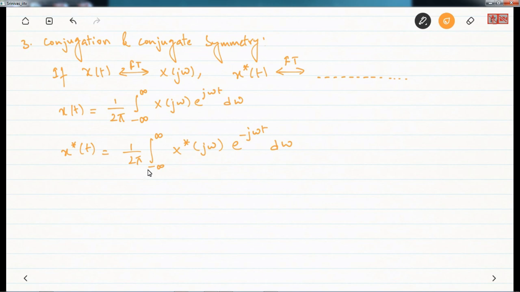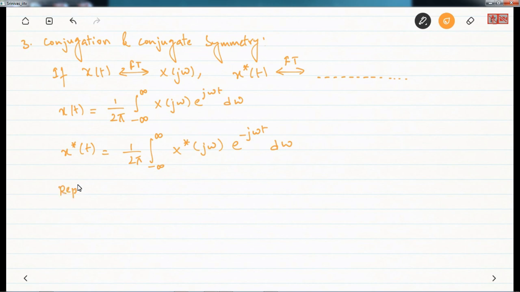So, what I want to find is the Fourier transform of x conjugate of t. To find the Fourier transform, here I need to have e power j omega t, not minus j omega naught t.